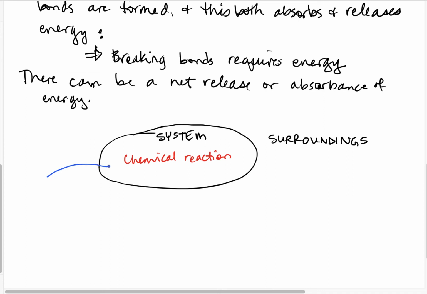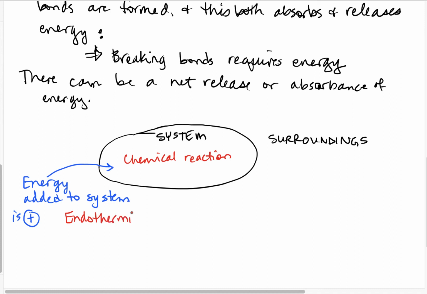So if we have energy that is added to the system, we're going to give that a positive sign because it's being added to the system. So we would call this endothermic. And when we talk about that energy, we're going to usually use a Q, and we're going to say Q is greater than 0 because we've added it to the system.